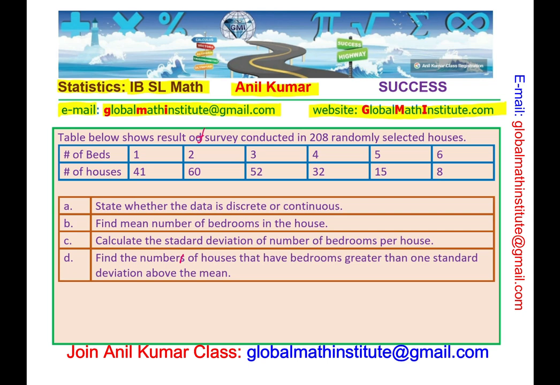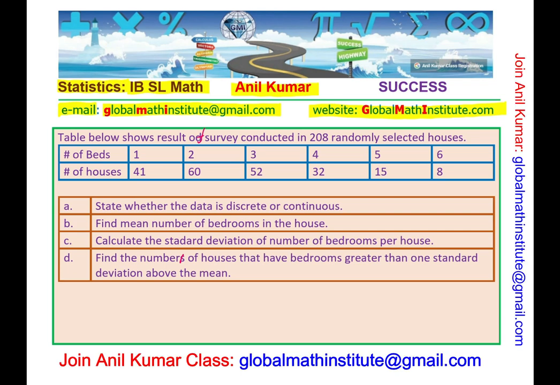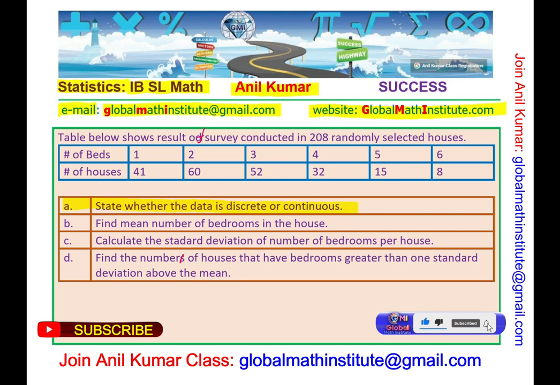We began this question with the data given to us. So part A, I did not answer, right? Part A was state whether the data is discrete or continuous. Since we are talking about the houses in numbers, it is discrete data.